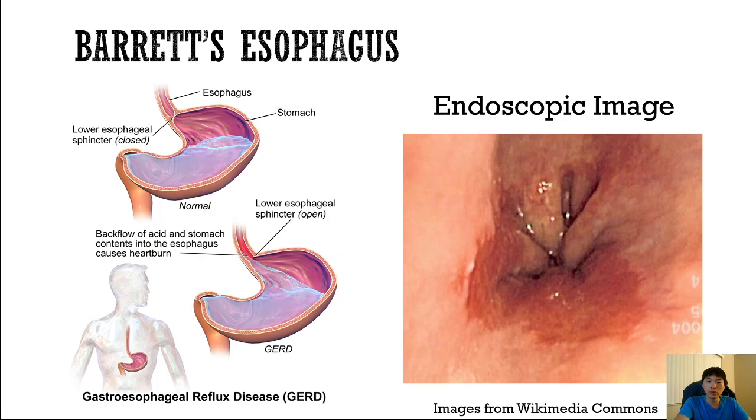So if you have too much irritation, too much inflammation, you have a greater risk of cancer, and eventually you can develop either scarring or some sort of malignancy in the lower part of the esophagus.